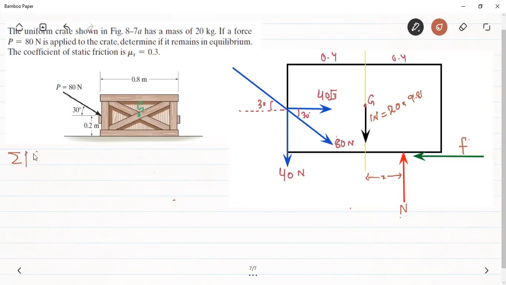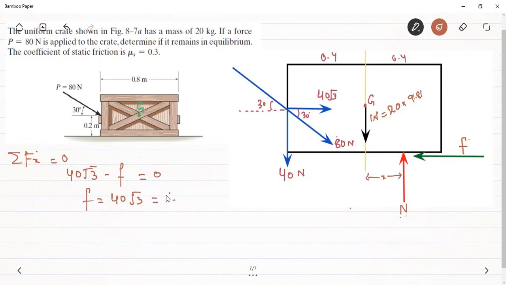Therefore, I will simply write it by a variable, the friction force represented by small f. So if I take the summation of the forces to be 0 in the x direction, we can see that in the x direction there is a force of 40 root 3 newtons in the positive x-axis, and along the negative x-axis there is a friction force that is equal to minus F. So this summation has to be equal to 0. From here we get that friction force has to be equal to 40 root 3. Okay, and if we perform the multiplication, it will be equal to 69.28.